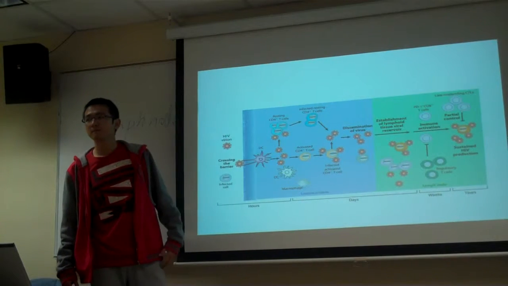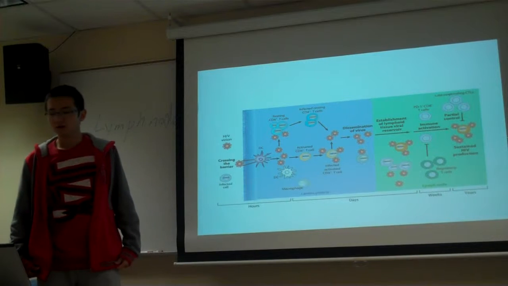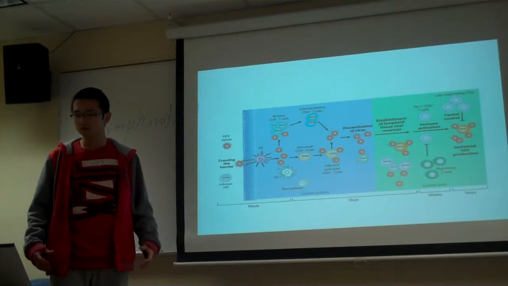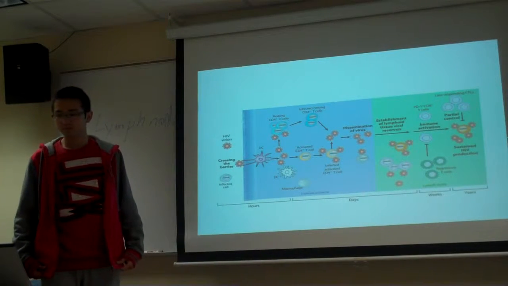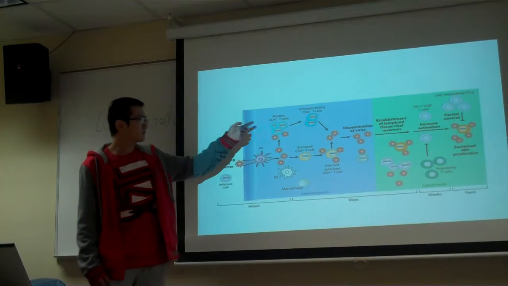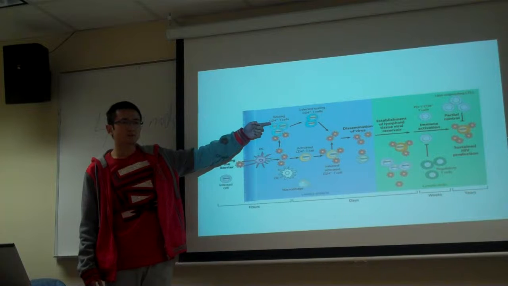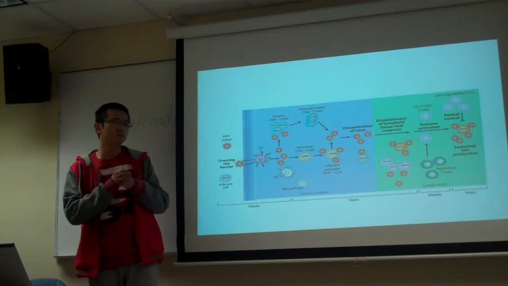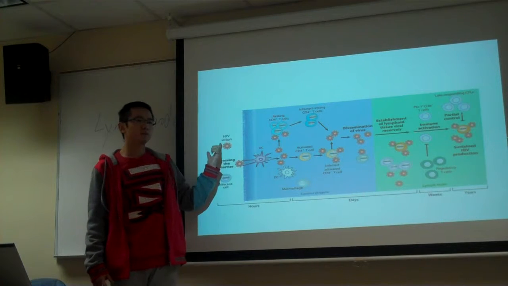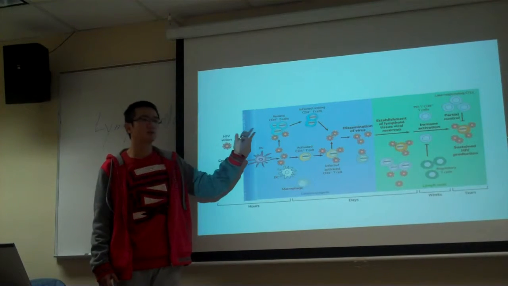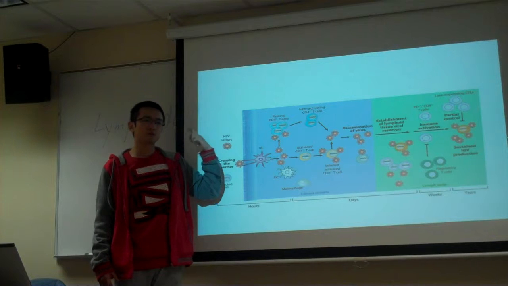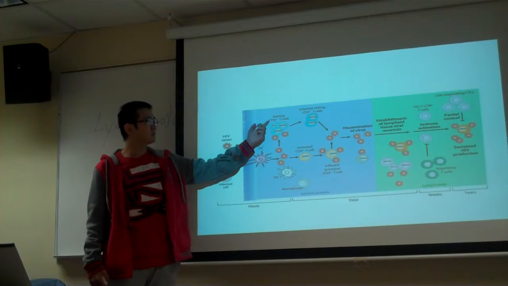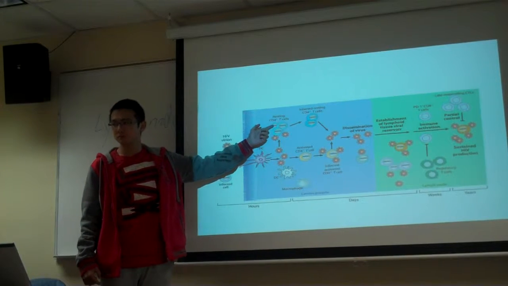T cells are important cells for our immune system. They have a protein called CD4 plus on their membrane, so the HIV virus will connect with the T cells. Actually, it will connect with any cells with CD4 plus proteins.